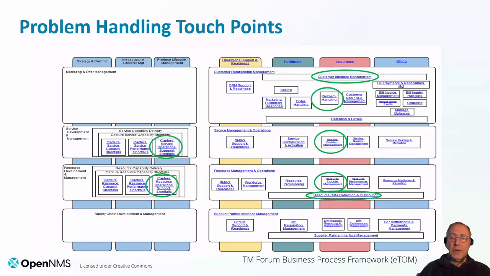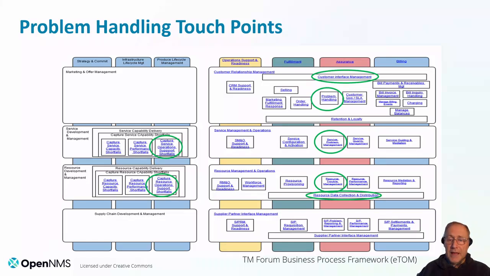Now let me talk a little bit about the functionality that OpenNMS provides in a service provider context. This diagram is based on the TM Forum Business Process Framework, otherwise known as eTOM. And OpenNMS would fit primarily at the resource data collection and distribution layer of your environment. But as a system, it can provide information that can be useful in lots of other parts of your organization.